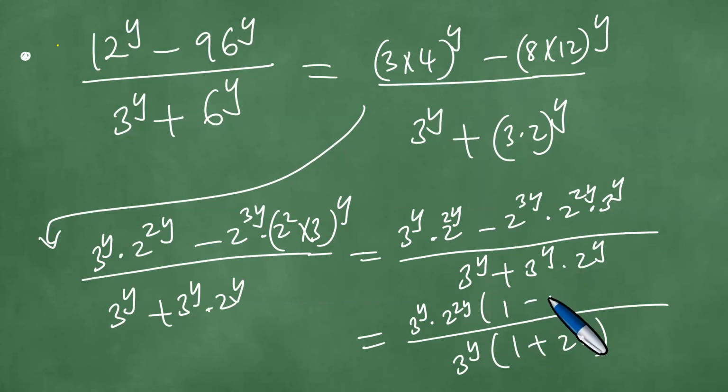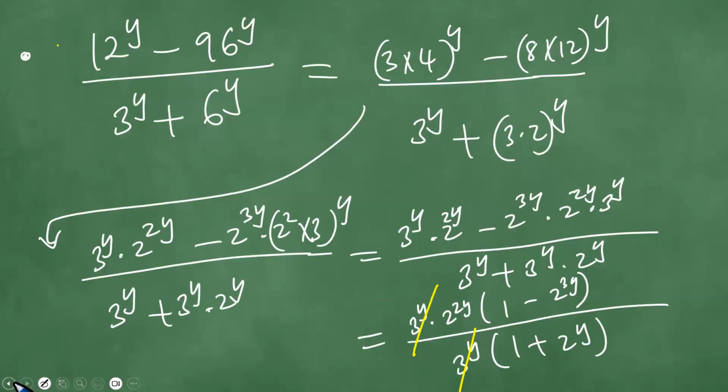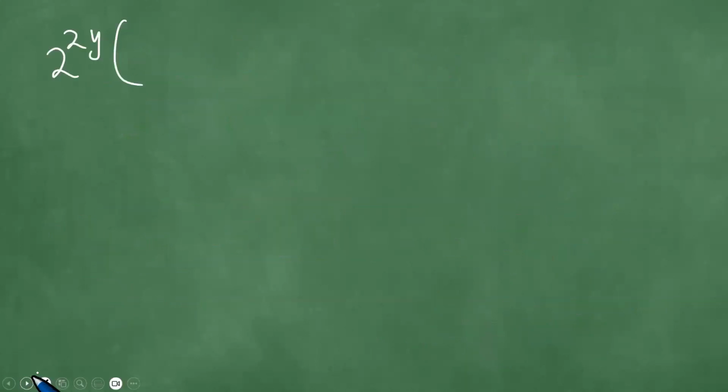So you have 3 to the y, 2 to the 2y, times 1 minus 2 to the power 3y.